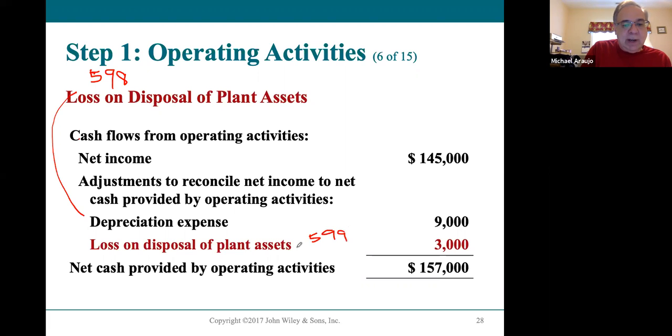And I still cannot write well with my finger. Okay. So because we subtracted the loss from the net income, this number right here, on the income statement, which we did properly with the accrual basis, we're going to add the loss back in. Okay, we're going to add that loss back in.